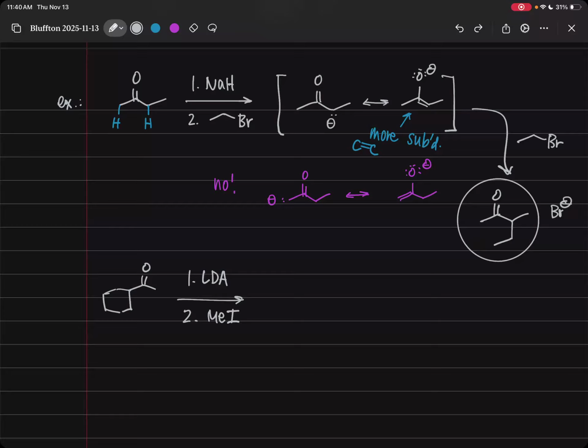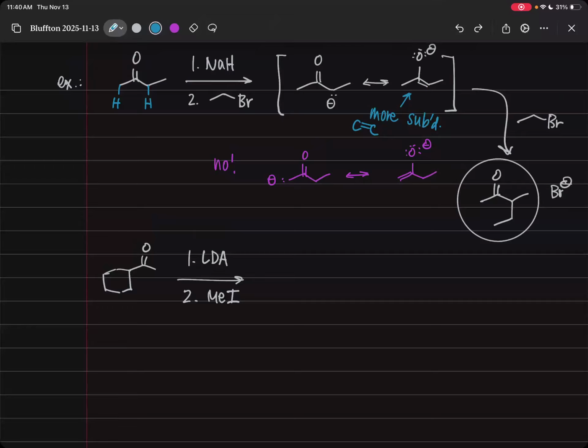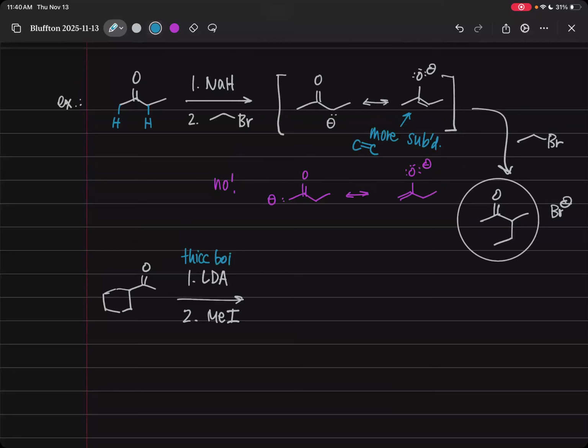All right, so sodium hydride favors that more substituted CC double bond in the enolate resonance structure. LDA is bulky. So which hydrogen is it going to deprotonate?